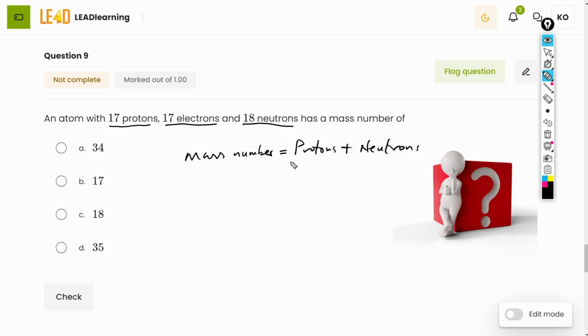So if we plug in these values, the mass number is equal to 17 protons plus 18 neutrons, and that gives us 35. So our answer is 35.